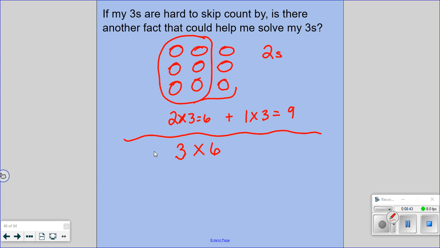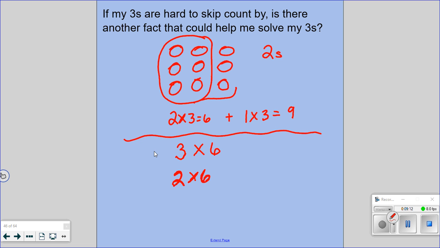Are you a good skip counter of 3s? Me neither. But you know what I am good at? My 2s. So instead of 3 groups of 6, underneath that, write 2 groups of 6. Because I'm not good at my 3s, but I am good at my 2s.